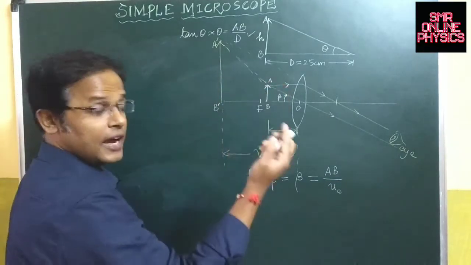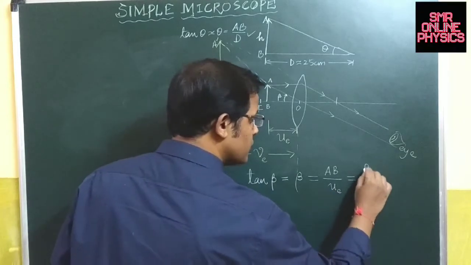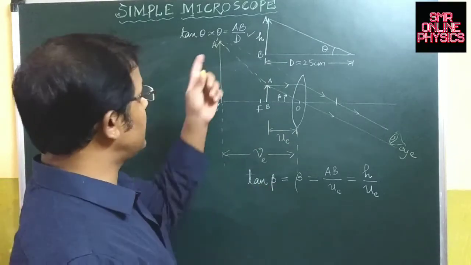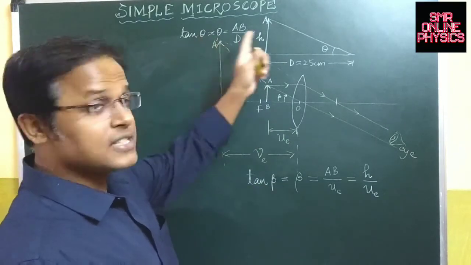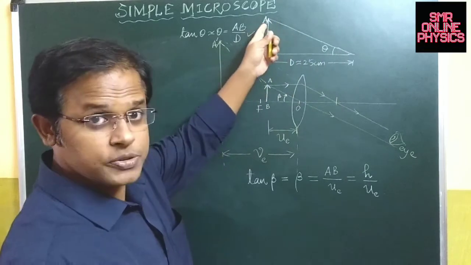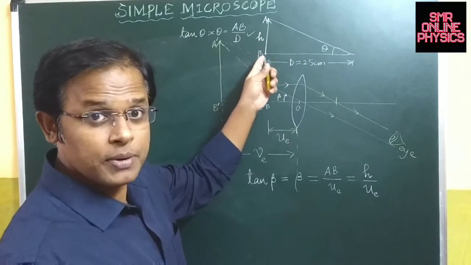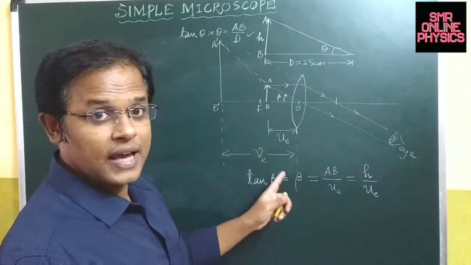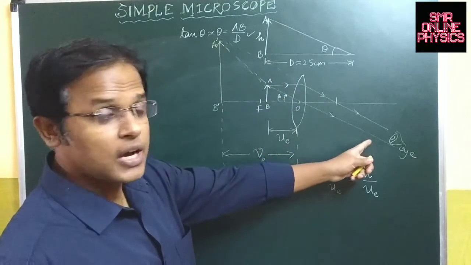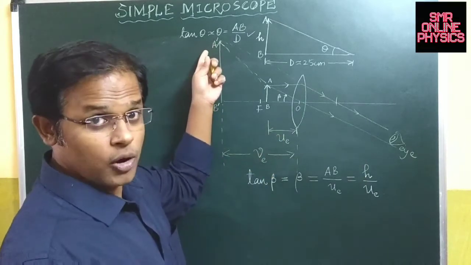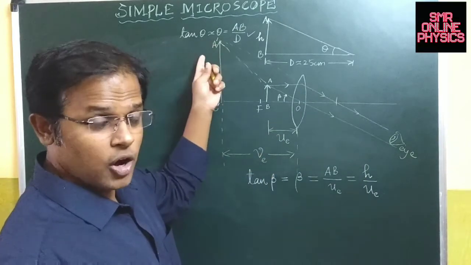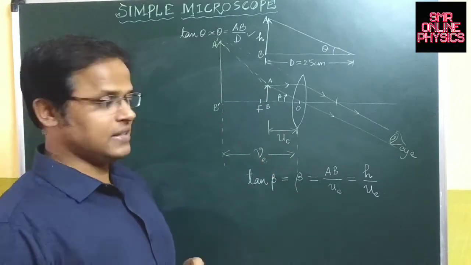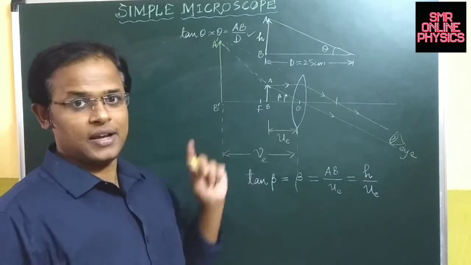This is AB, the height of the object. So that's your beta and that's your theta. Theta is the angle subtended at the eye by the object when it is placed at the minimum distance, that is at the near point of the eye. And beta is the angle subtended at the eye by the image formed of this object, which is placed within the focal length of the lens. So be clear about this beta and theta.